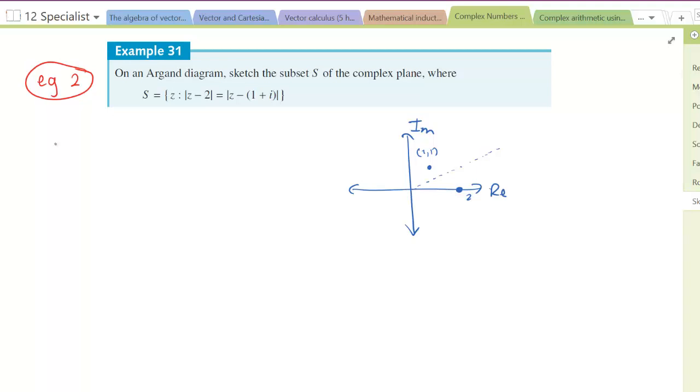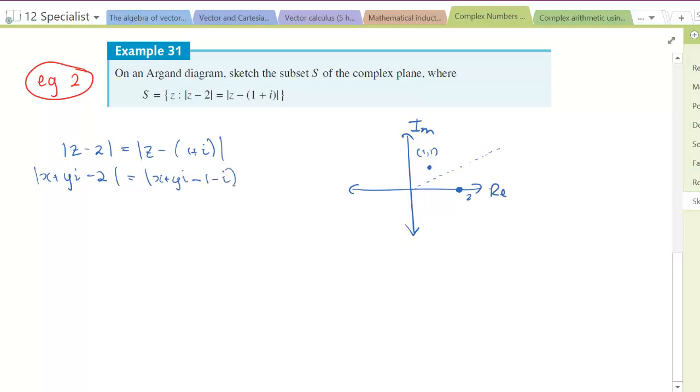So let's look at solving this again. We have the modulus of z minus 2 is equal to the modulus of z minus 1 plus i. So this is x plus yi minus 2 and x plus yi minus 1 minus i.